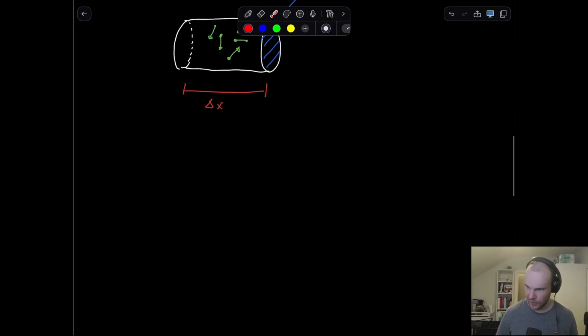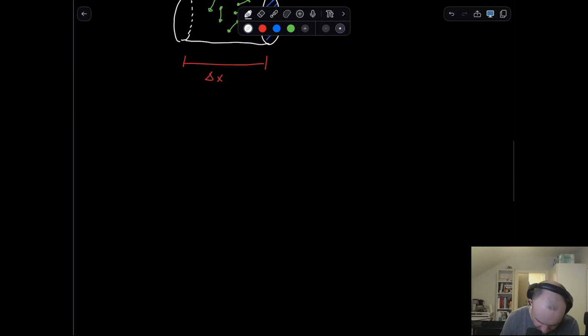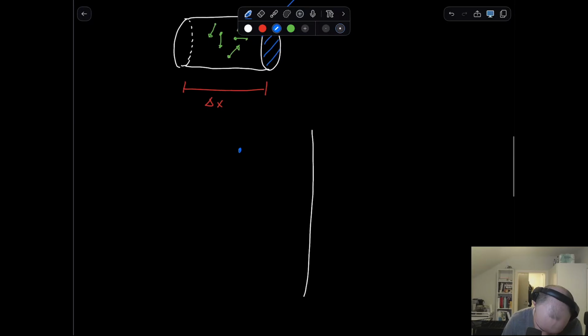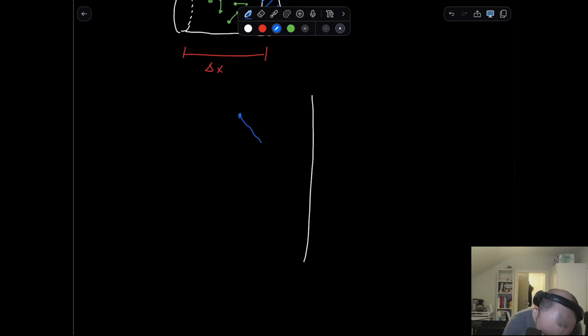Perfect. Now let's move to the equations that we want. We can start off with a wall, and think of a particle approaching our wall. I should have that in blue just to make this clear. That's our wall. And we can think of our particle here with momentum p that's approaching the wall.